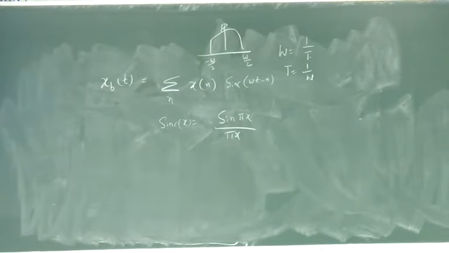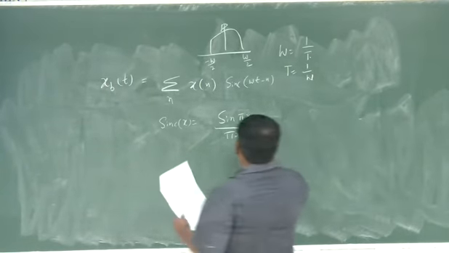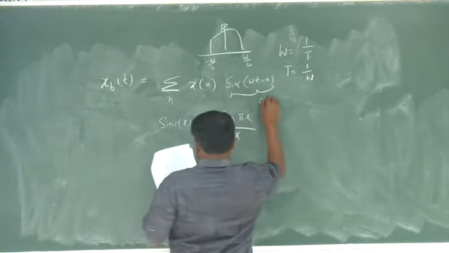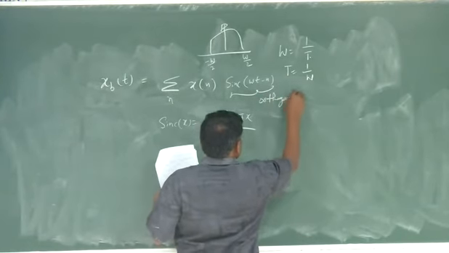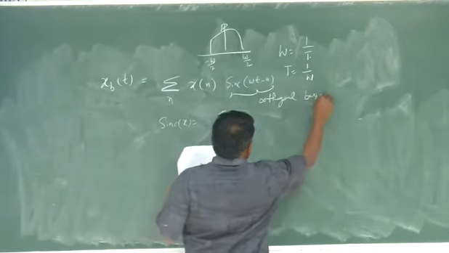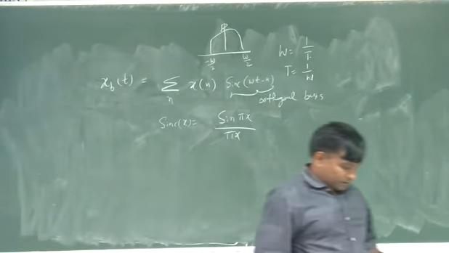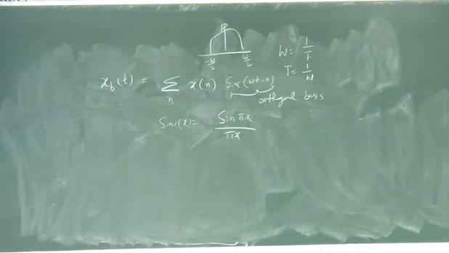Samples x of n pretty much contain the same information as xb of t, and the function is an interpolating function. It's an orthonormal, orthogonal basis.